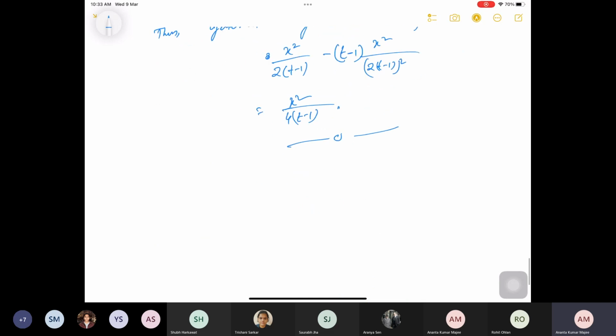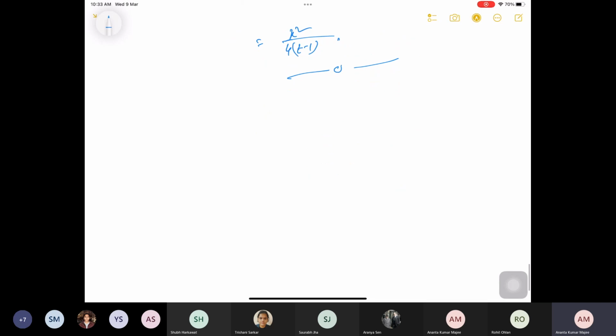Okay, so I'll stop this first order PDE. In the first order PDE, what we have learned so far: first we classify the type of PDE, whether it is linear, semi-linear, quasi-linear, or a non-linear, fully non-linear PDE. Then we saw how to solve quasi-linear PDE, for which we used the so-called method of characteristics.